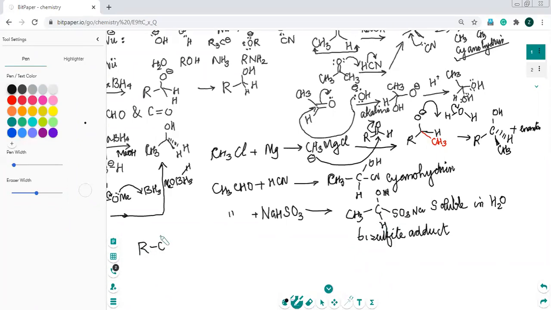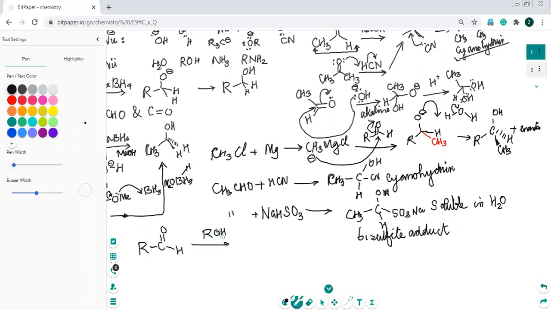Suppose you have an aldehyde that is reacted with ROH in presence of acid or base. What you will get is addition of OR.